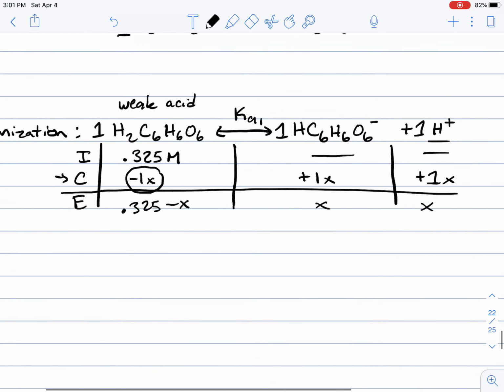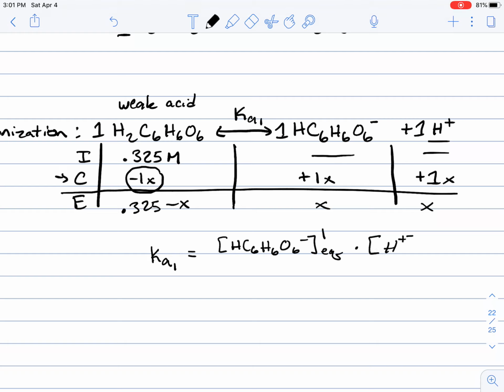And so now that we have our ICE table, we can go ahead and write the mass action expression. And so Ka1 is equal to the concentration of HC6H6O6 negative at equilibrium, raised to the first power because its coefficient is 1.